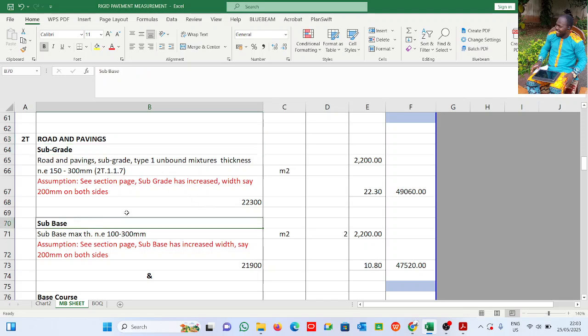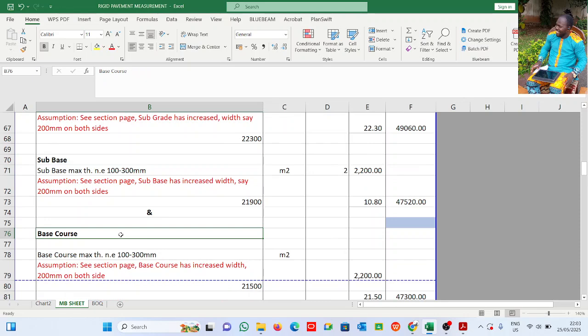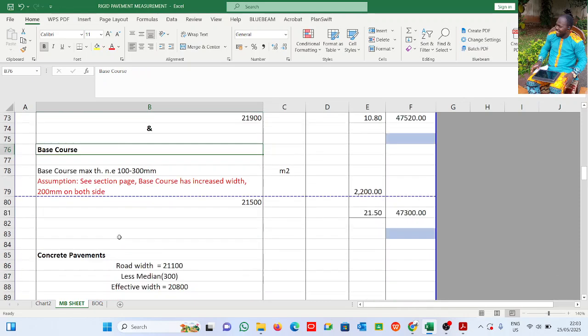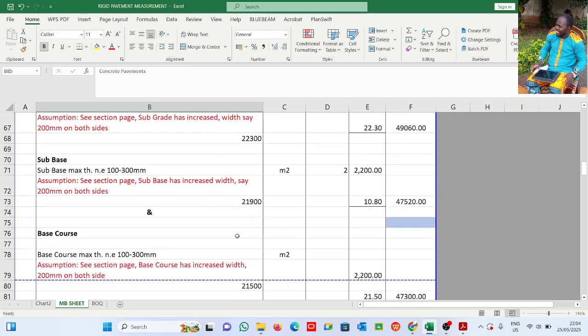Like I said, we have the sub base and the base course. It is the same thing. The only difference is that, as you can see, you don't have the binder course, the surface course, the prime coat, the tack coat, or the seal coat anymore, because we are dealing with a rigid pavement. So we go straight to the concrete pavement itself.